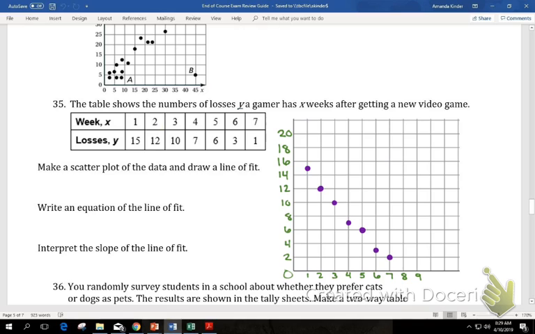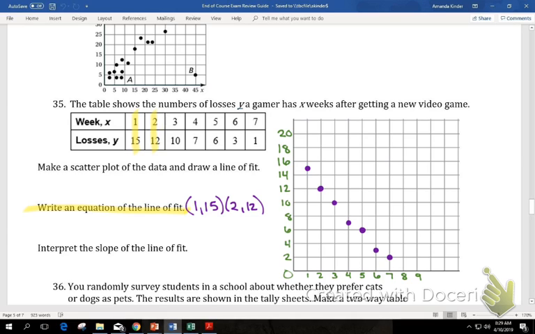Are you with me? Okay, so what you need to do is write an equation. Do you remember what I just told you? When you find an equation, what's the first thing you do? Find slope. So I want you to pull out the first 2 ordered pairs from the table, write them down, and find your slope. 1, 15, and 2, 12.